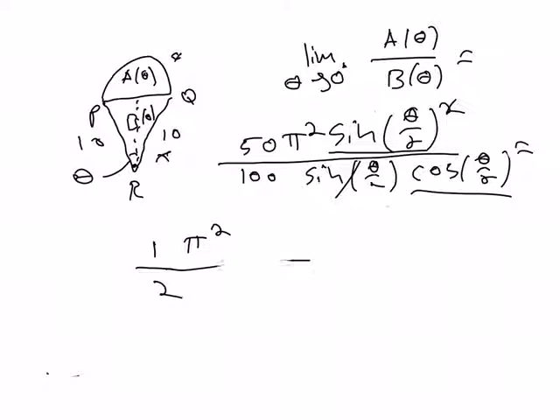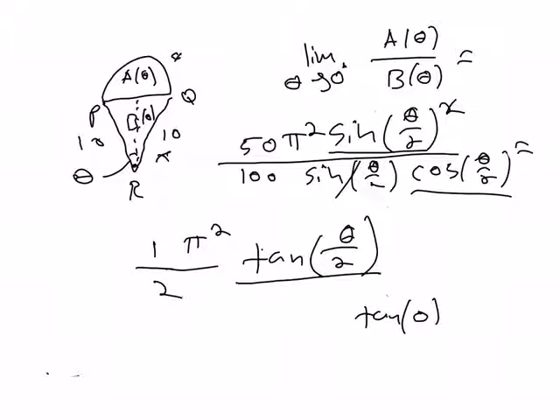So we can just write, it's going to be a half pi, and then tangent of the angle over 2. And as this goes to 0, tangent goes to 0, right? Because tan of 0 is equal to 0. So this becomes 0. So as this angle goes to 0, the ratio of this area to this area also goes to 0. Okay.